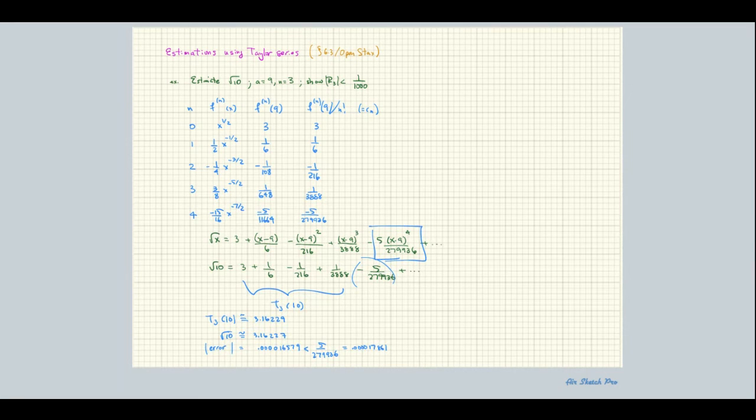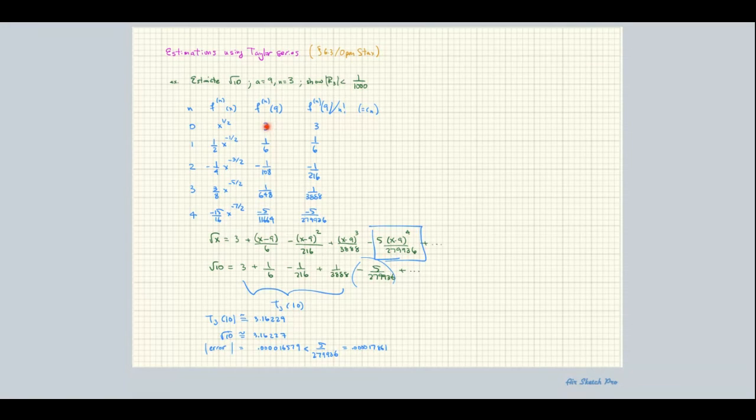So let's go over the steps here. The steps involved identifying the function and identifying the a value that we're going to expand around. Now we take the function and we take derivatives until we're happy.